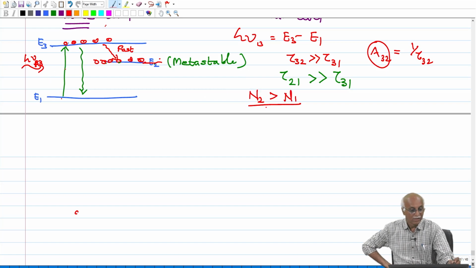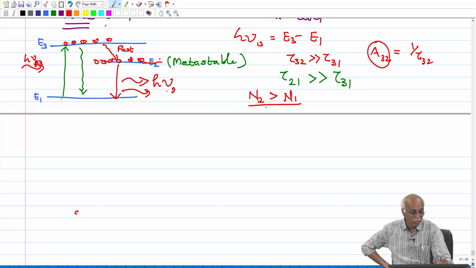And if N2 is greater than N1, amplification is possible. Stimulated emission is present anyway, but because N2 is greater than N1, amplification will be possible, corresponding to h nu 21 or 12.